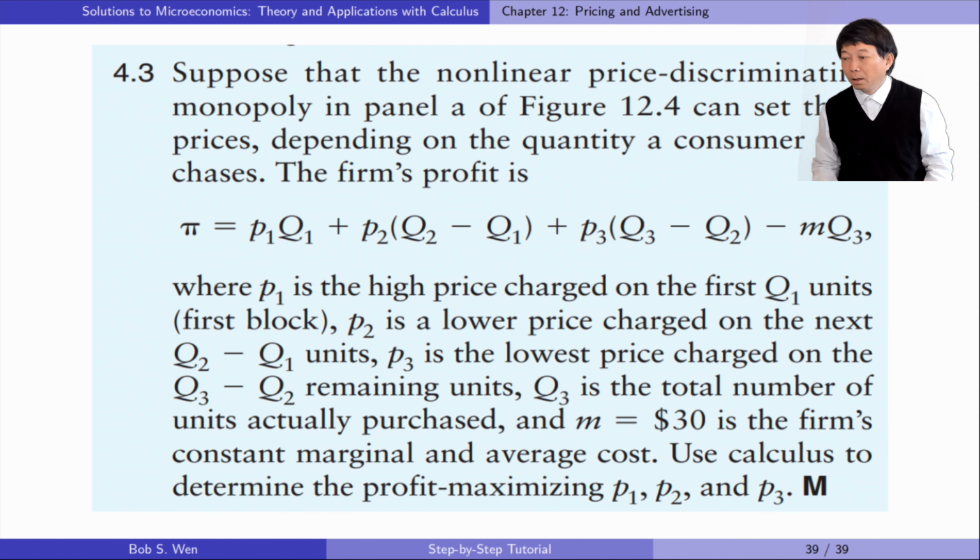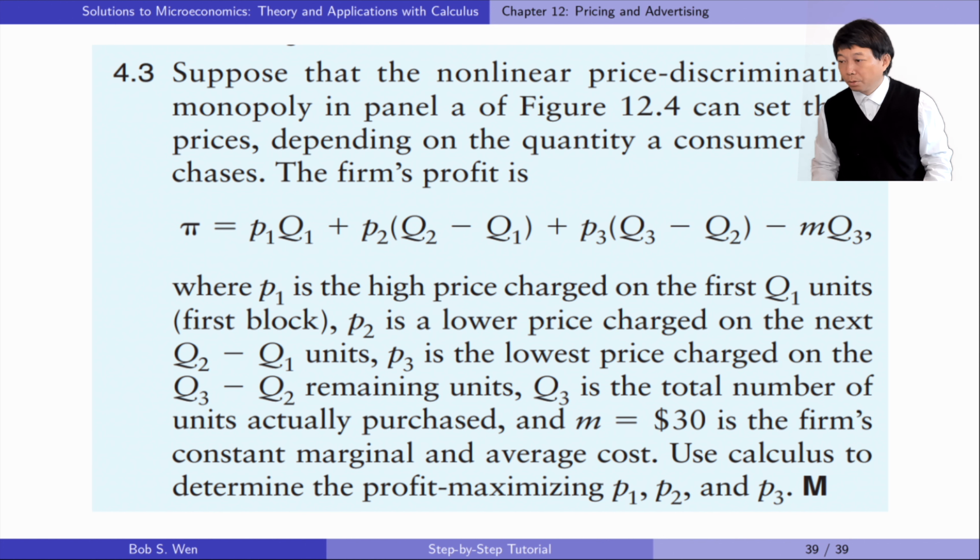P2 is a lower price charged on the next Q2 minus Q1 units. P3 is the lowest price charged on the Q3 minus Q2 remaining units. Q3 is the total number of units actually purchased, and the firm's constant marginal and average cost is $30.